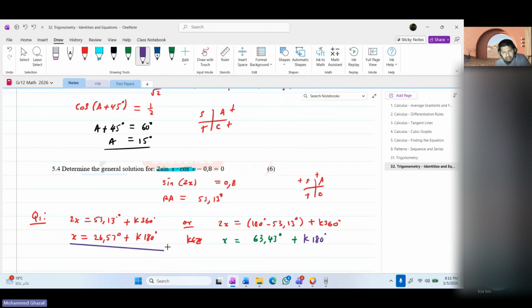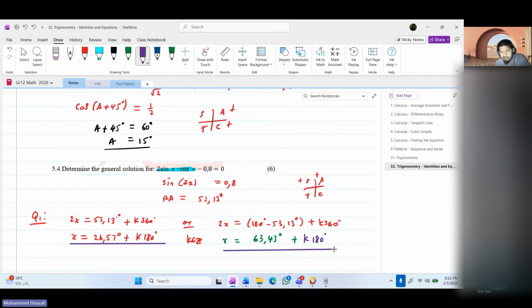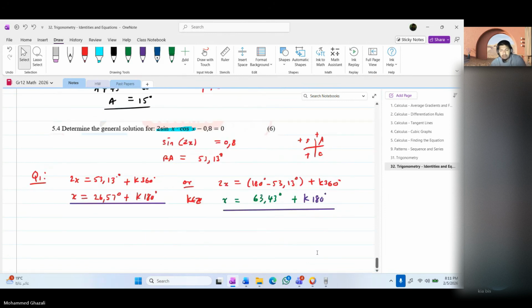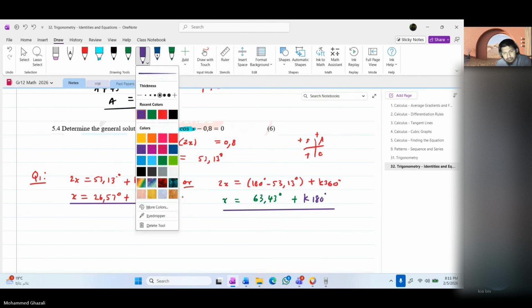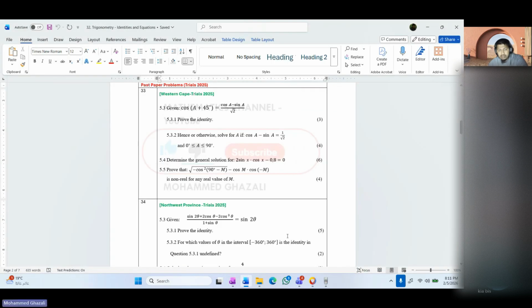The general solution, that's what they wanted for that problem. Right. Next problem.